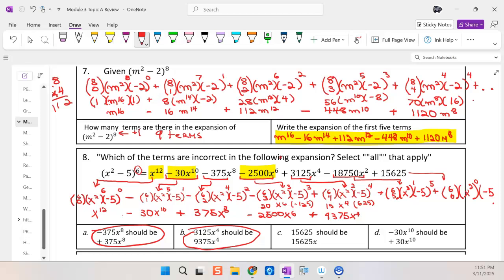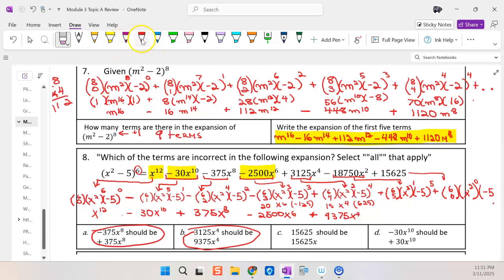Next up, 6 choose 5. That's 6 x squared, and negative 5 to the 5th. 3,125 times 6, 18,750.